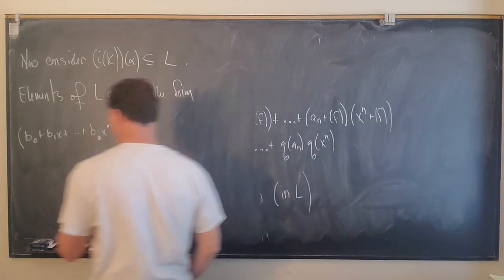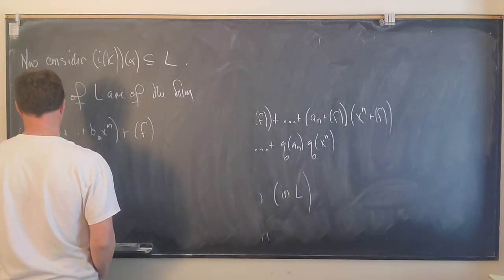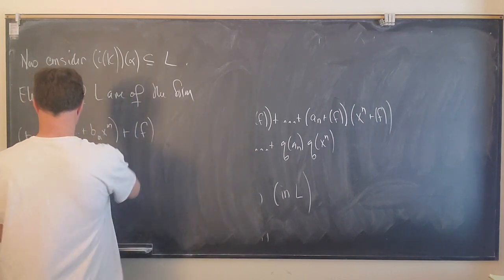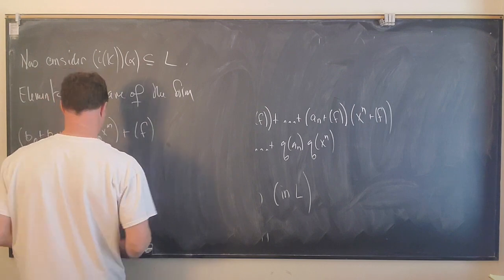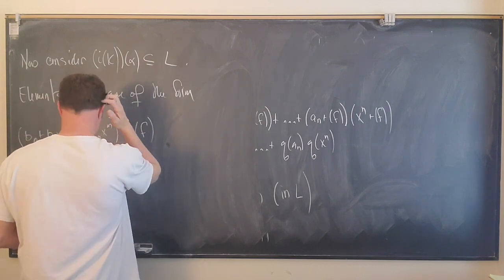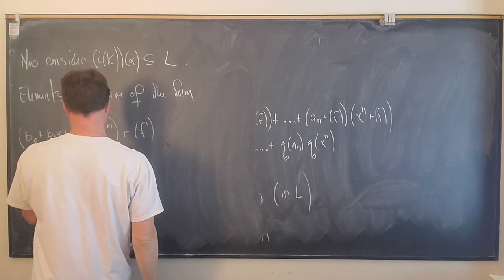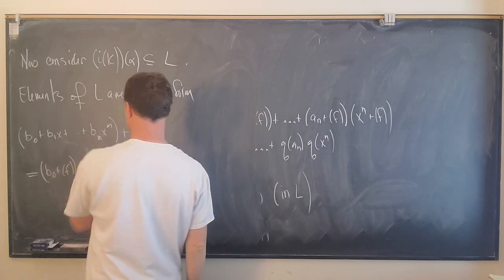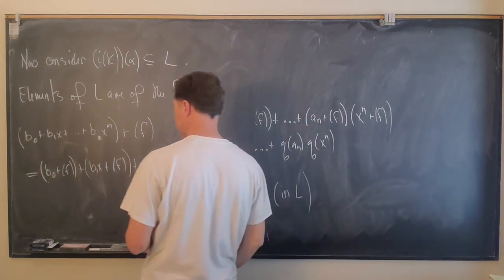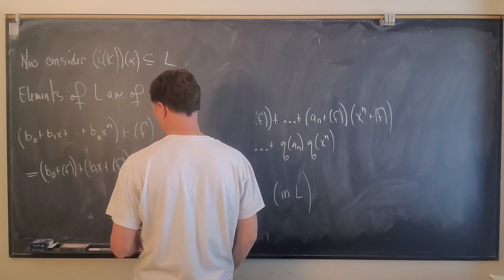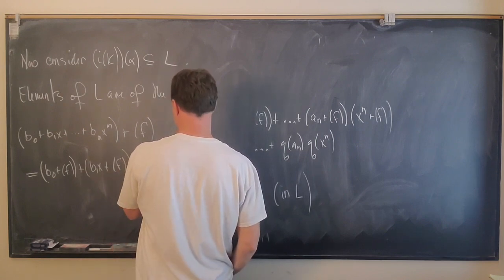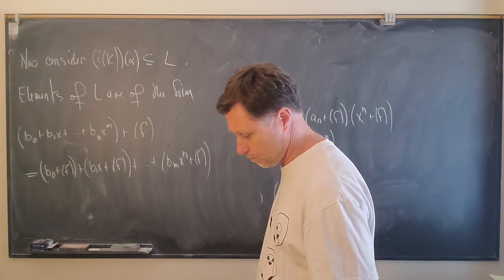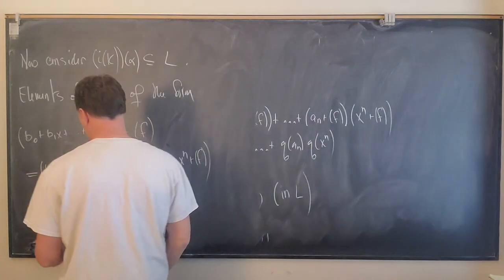And this is equal to B0 plus the ideal generated by F, plus B1x plus the ideal generated by F, plus dot dot dot, plus Bm x to the n plus the ideal generated by F. And then I'm going to actually expand this a little bit further.